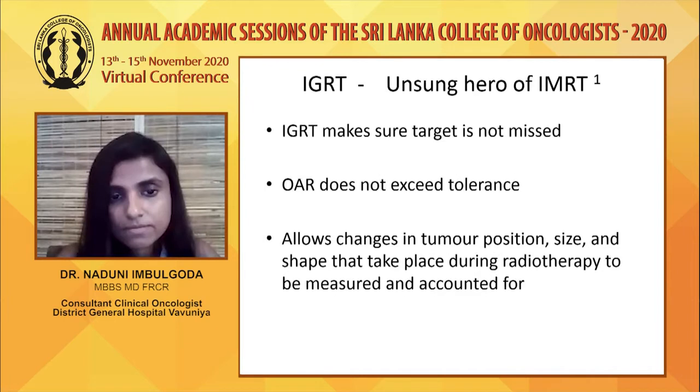Image-guided radiotherapy is the unsung hero of IMRT, as mentioned in a recent editorial. It makes sure that the target is not missed and the organs at risk do not exceed tolerance. It allows changes in tumor position, size and shape that take place during radiotherapy to be measured and accounted for.